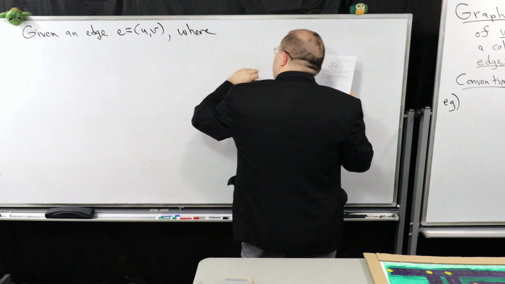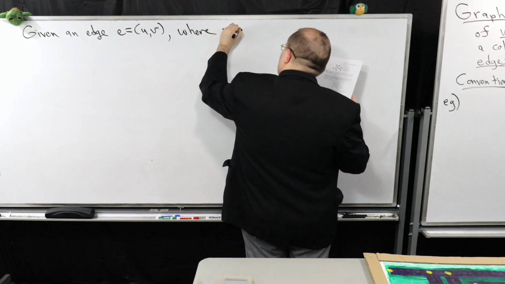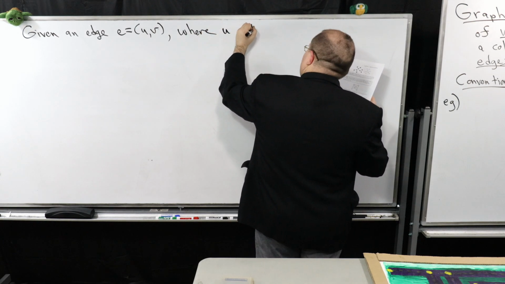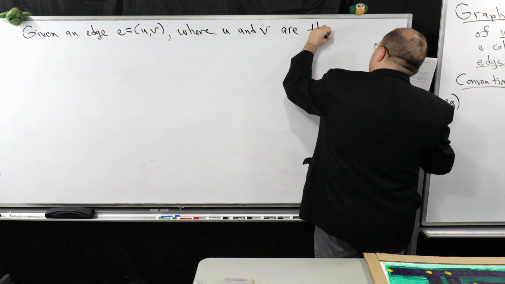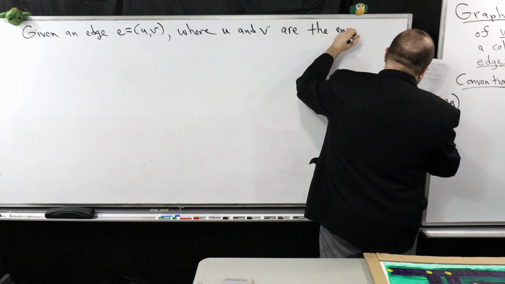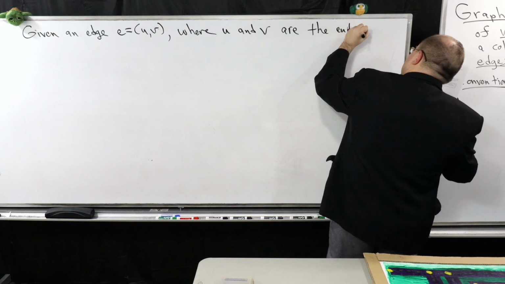So given an edge, E is equal to UV, where U and V are the endpoints.